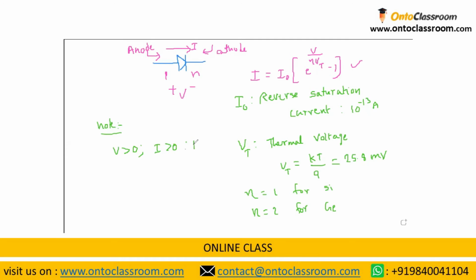Then we will simply say that the diode is forward biased. Please note this, FB stands for forward bias. Similarly, if applied voltage is less than 0, then current through the diode is 0, and the diode is reverse biased. So these are the points about the diode.